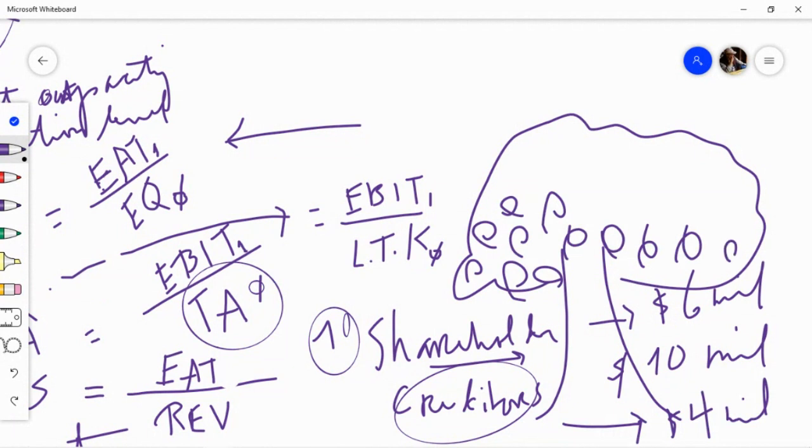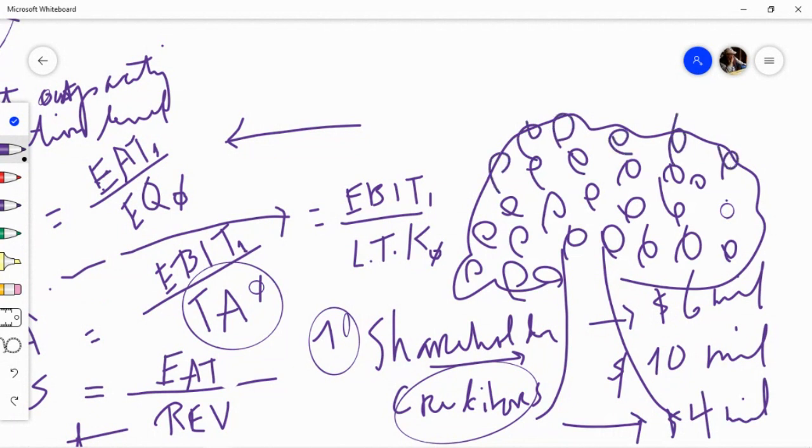This tree will bear fruit. And let's say it bore 2 million fruit. Let's say each fruit can be sold for $1.